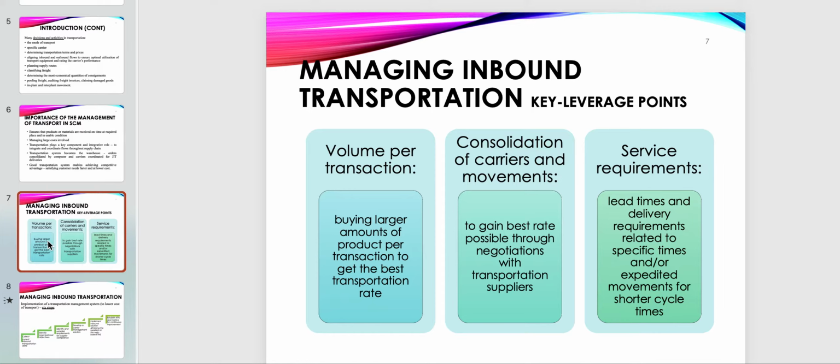And the third is service requirements in terms of lead times and delivery requirements related to specific times and or expedited movements for shorter cycle times. So streamlining and controlling inbound transportation becomes the most comprehensive way of removing cost from the incoming goods and also lowering the delivered price when we're trying to maintain the margin.